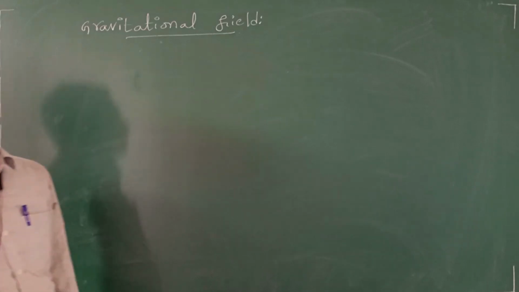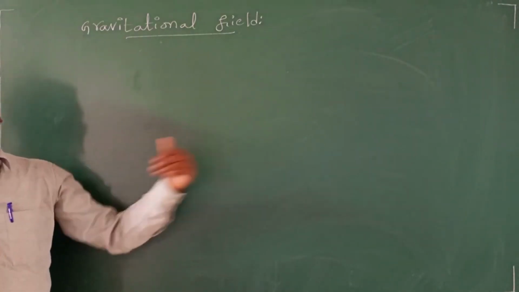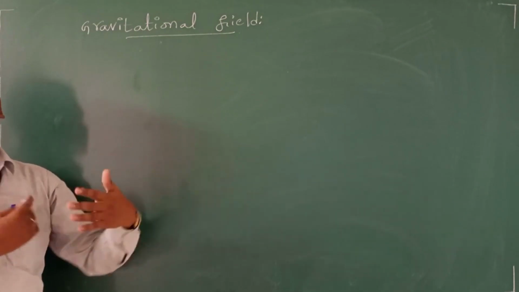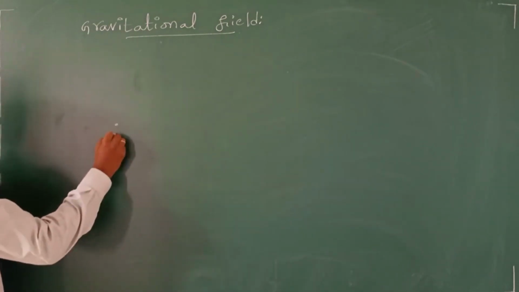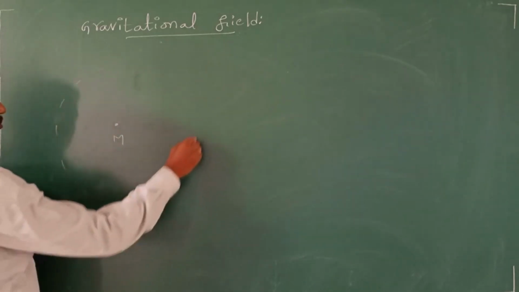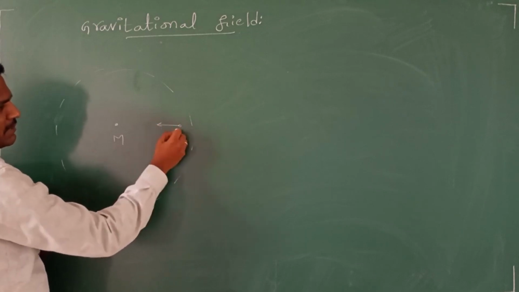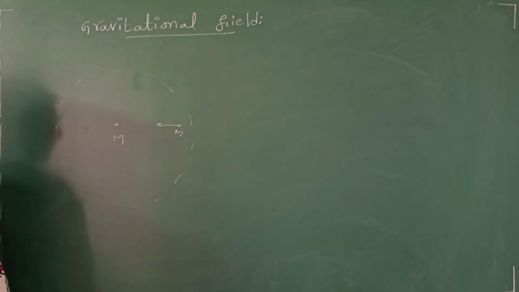The meaning of field is nothing but the space surrounding any mass in which another mass will experience some kind of force of attraction. So if here I have a capital M mass and it is able to attract up to this region, then if any mass comes in this region, what will happen? It will experience a force of attraction towards it, right or not?